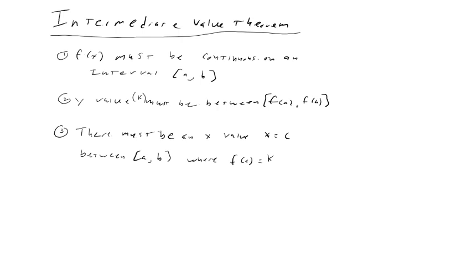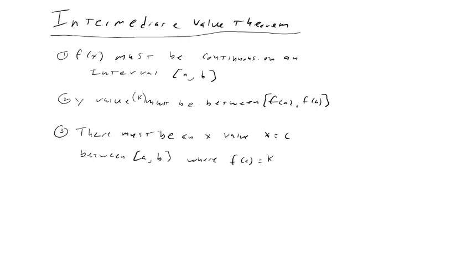The intermediate value theorem is like a test. We're testing for some y value that we call k. It has to be between the y values of the function we're looking for, between the low and the high, right? Must be between f of A and f of B. And there must be an x value.